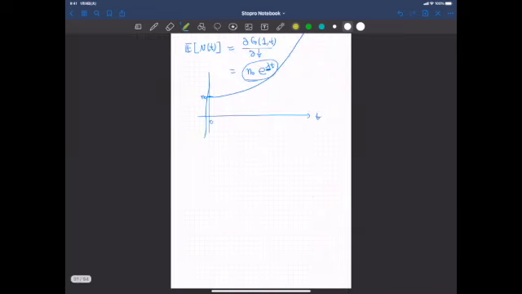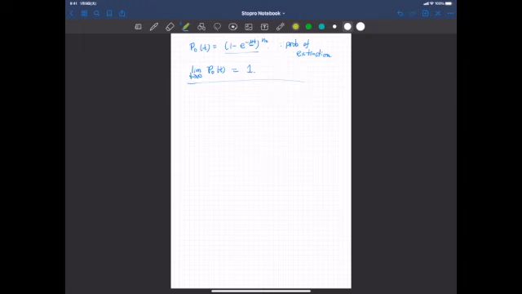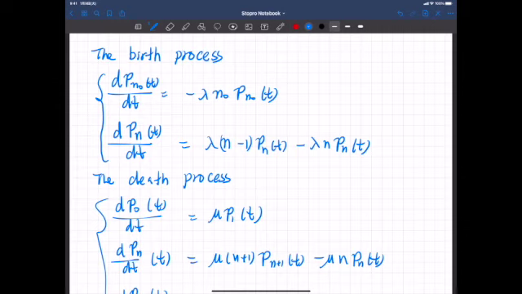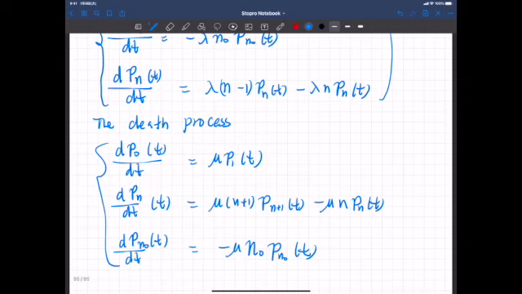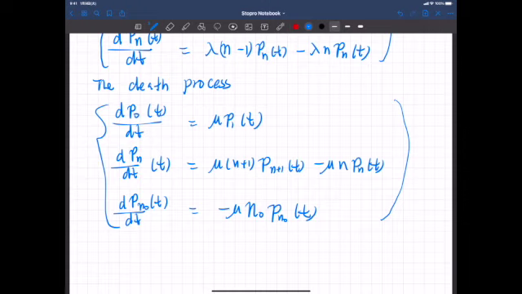Okay, so now we know the birth process and the death process, and now we'd like to combine these two. So we have seen that the birth process is defined by these differential difference equations, and the death process is defined by these differential difference equations. And now we combine these two so that each individual in the population can divide into two individuals, or it can die.